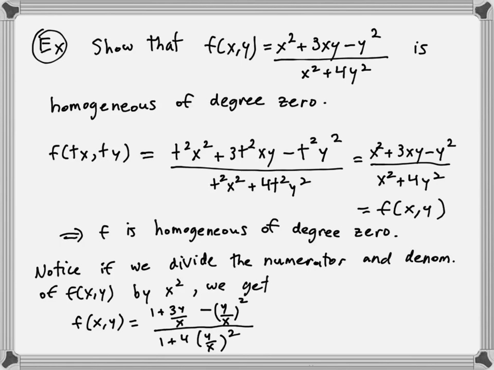And do we notice that this entire thing that I just wrote down is a function of y over x alone, right? Because notice that every single term here has a y over x in it if it has any variables at all.